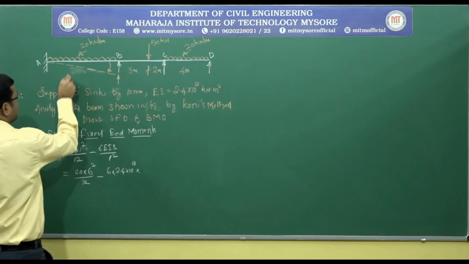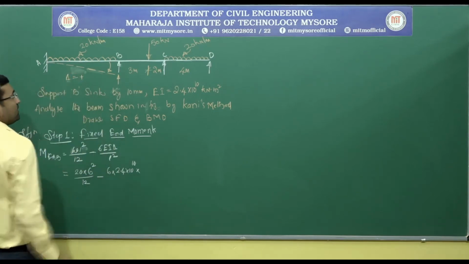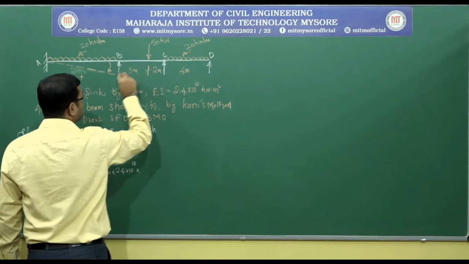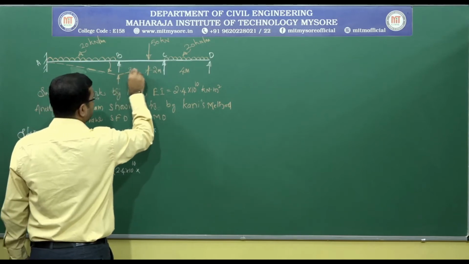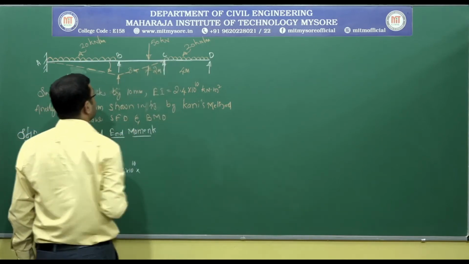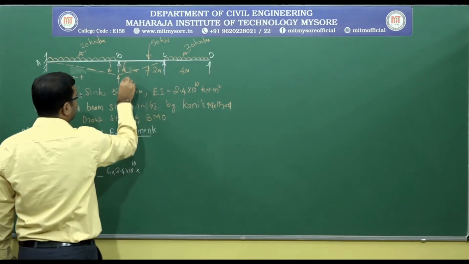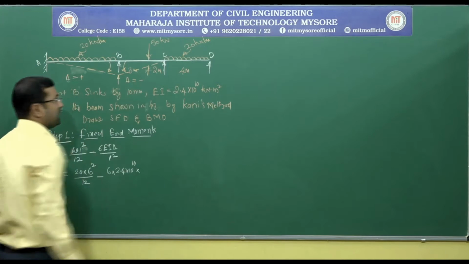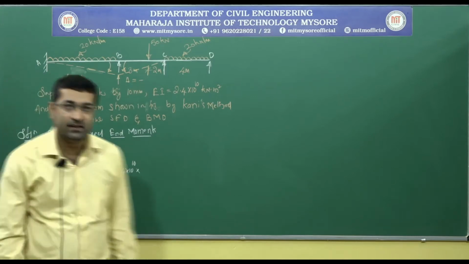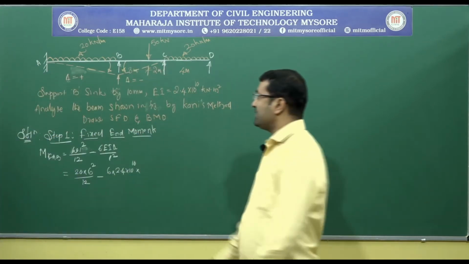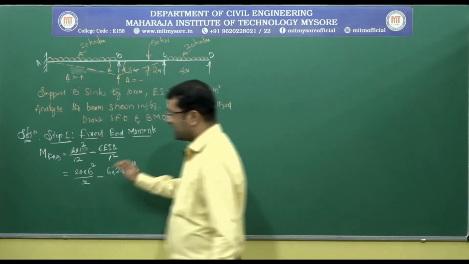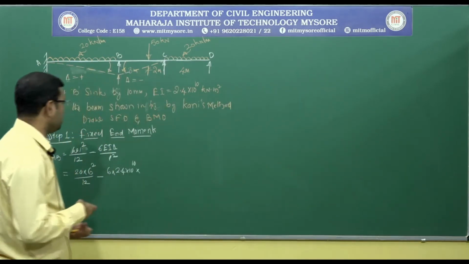Because of this, we consider the delta as positive for span AB, whereas the span BC will be deformed in this fashion, so the delta value for span BC is considered as negative. So here I will consider the delta value as positive.